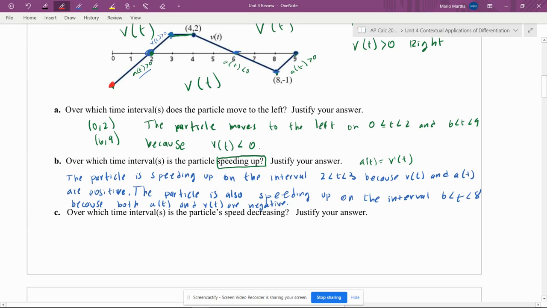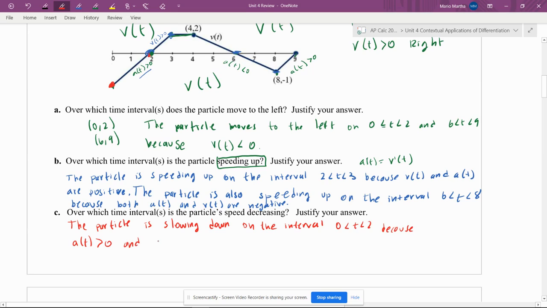So between 0 and 2, we can say that the particle is slowing down on the interval 0 less than t less than 2, because a of t is positive, right?